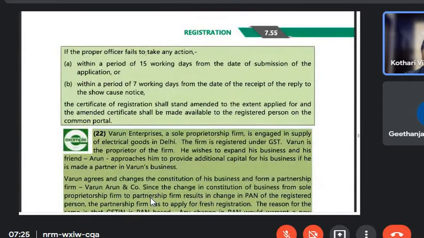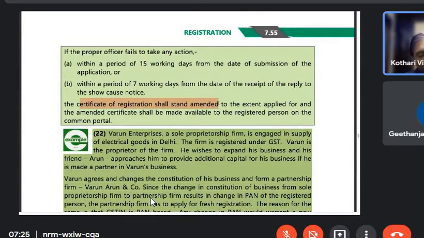So if the proper officer fails to take any action within a period of 15 days from the date of submission of application, or within a period of 7 days from the date of the receipt of the reply to the show cause notice, the certificate of registration shall stand amended. So you apply it. Within how many days does the officer have to take action?